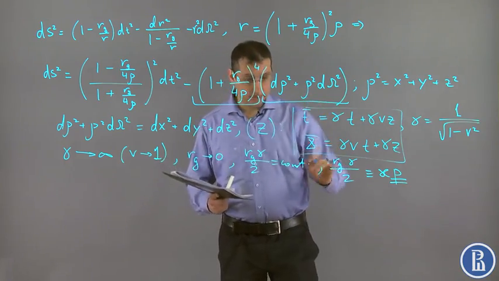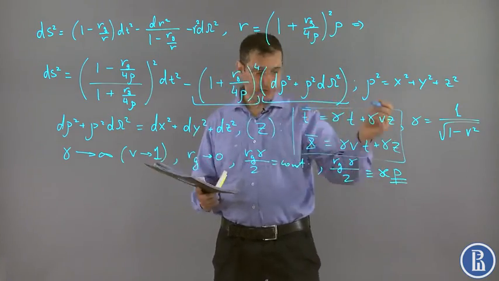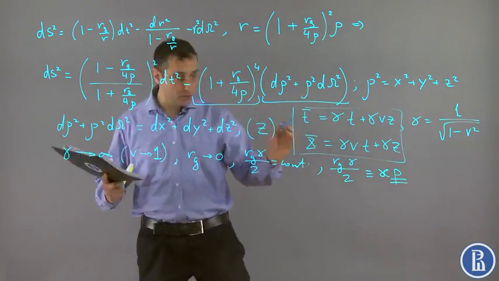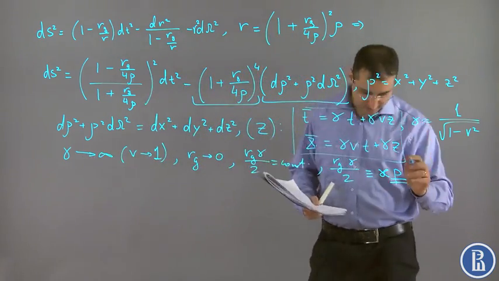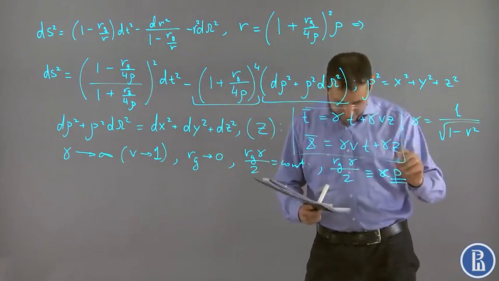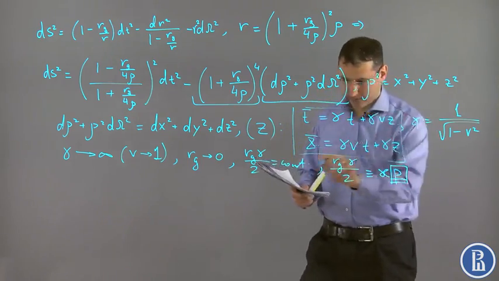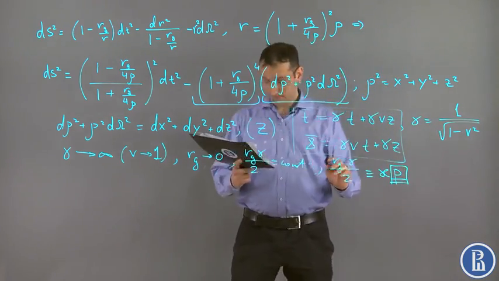What do we obtain? We obtain a light-like wave. As a result of taking this limit we should get a light-like particle, a light-like source, moving with the speed of light with finite momentum p. This is kept fixed.